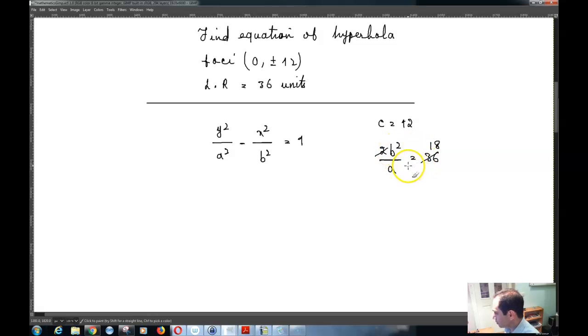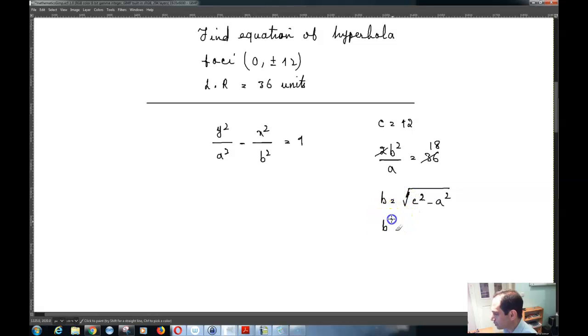And then we have some other relationship between a, b and c, which is b is equal to basically the square root of c squared minus a squared.